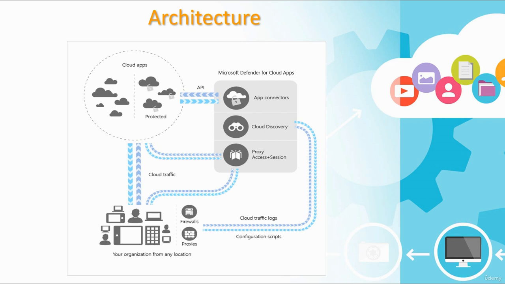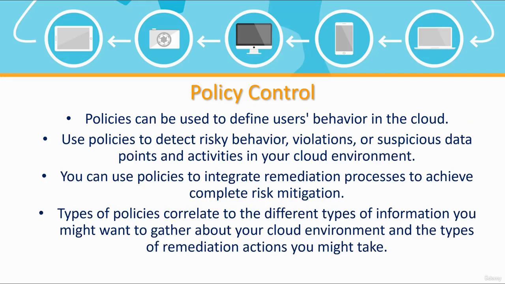And from there, you have what are called app connectors, again, that connect Defender for Cloud Apps to the web apps that are out there. You have cloud discovery to discover what people are using. And you have the proxy access session services, where you can have policies put in place that can prevent users from doing certain things that maybe they're not supposed to do.